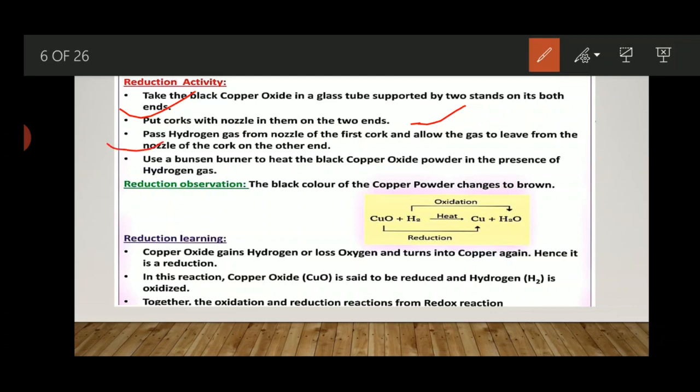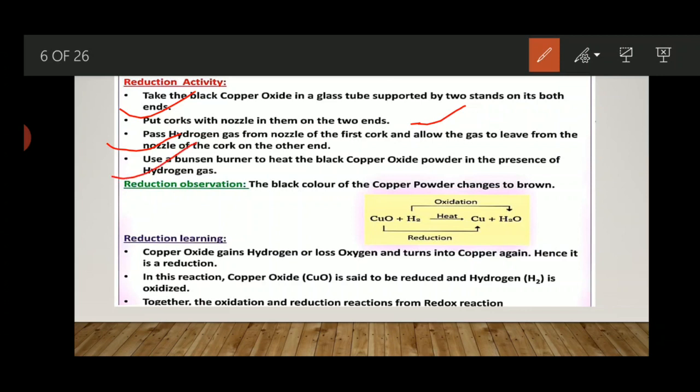Now pass the hydrogen gas from the nozzle of the first cork and allow the gas to leave from the nozzle of the cork on the other end. You have to pass the hydrogen gas. Use the Bunsen burner to heat the black copper oxide powder in the presence of hydrogen gas.